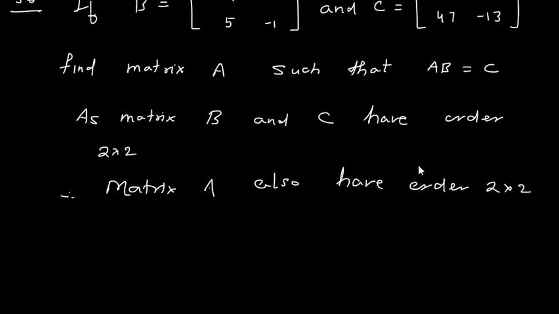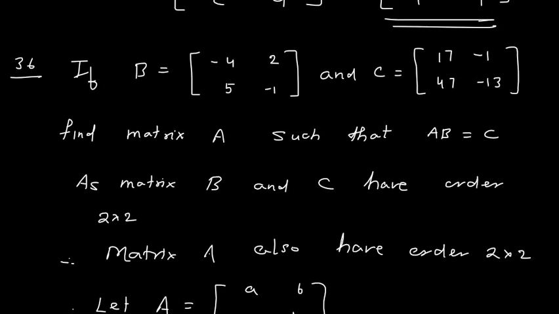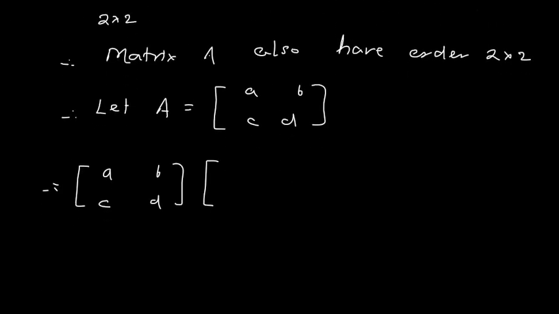So we have A is [a, b; c, d], and the value of B is [-4, 2; 5, -1]. This is AB. A into B is equal to C, which is [17, -1; 47, -13].